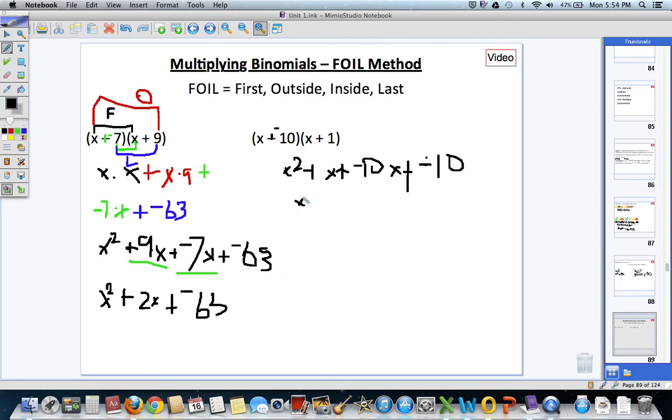And then I'm going to subtract. I'm going to get 9. My bigger number is 10, and 10 is negative, so it's going to be a negative 9x. And then I still have my minus 10. And that would be your answer.